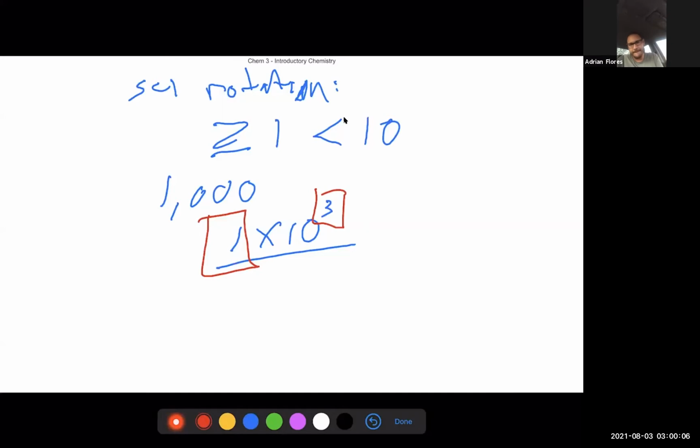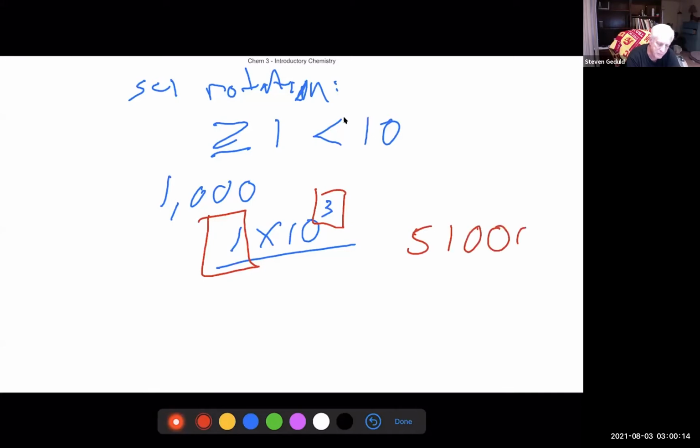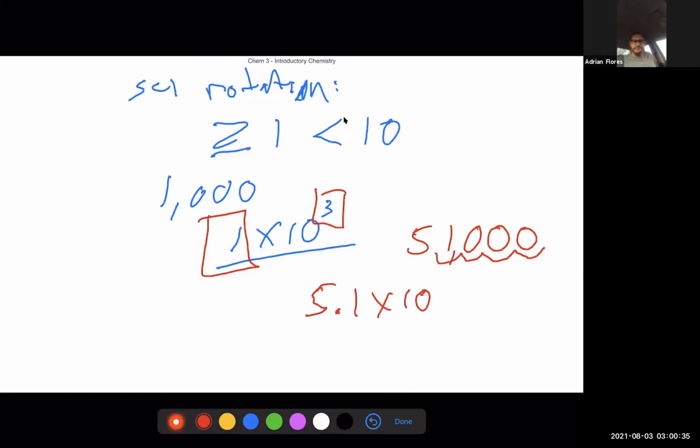Let's get an example from the book here. Say we've got 51,000, and you want to express that in scientific notation. We'll get into significant digits a little bit too. It would be 5.1 times 10 to the, and you moved the decimal 1, 2, 3, 4 places.